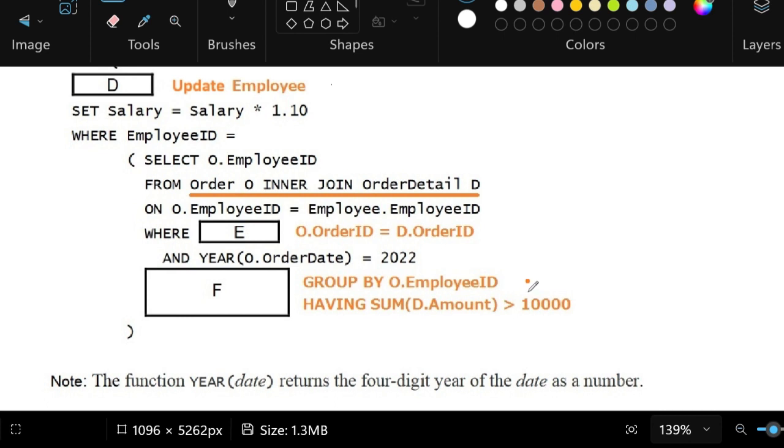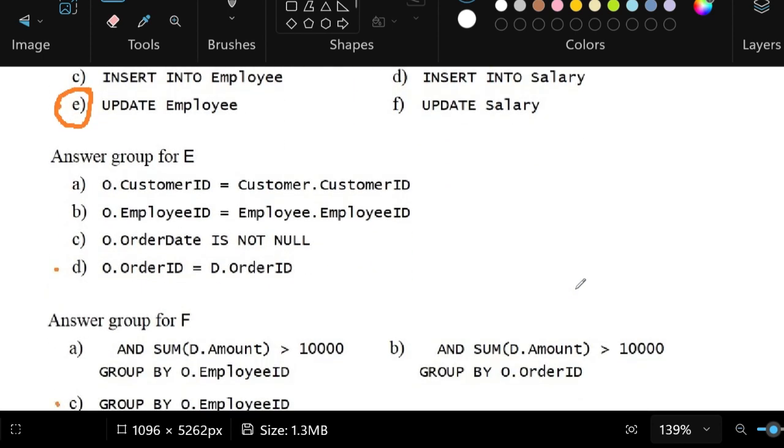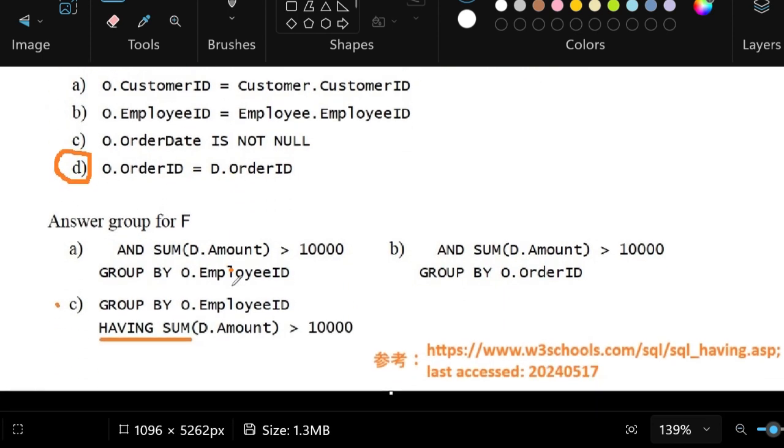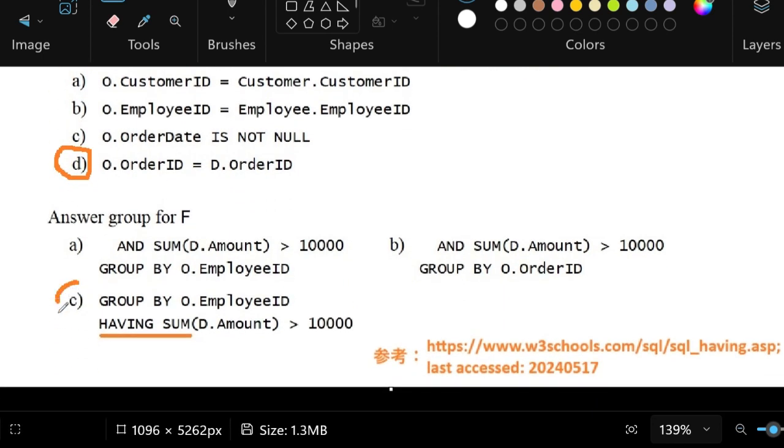When we sum up all those things, do we get over 10,000 or not? Okay. So therefore, for answer group E, we choose letter D as the correct answer, and for letter F, we go with letter C.